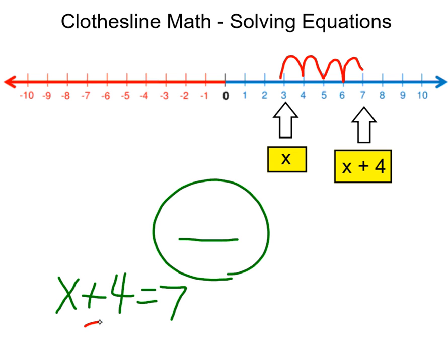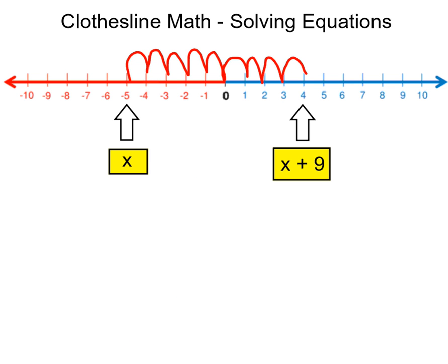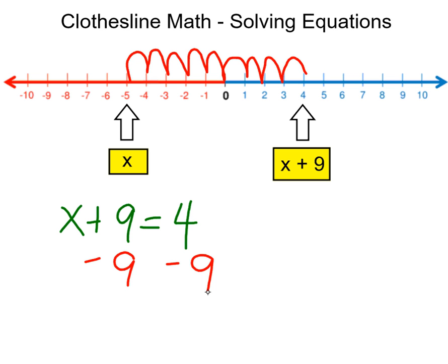I would subtract 4 from both sides, because that's how I keep my equation balanced, and I would end up with x equals 3, which is exactly where I ended up on my number line. Let's look at this one here. X plus 9 equals 4. How did I solve for x? I had to take 9 away from both sides to keep it balanced, and I end up with -5.